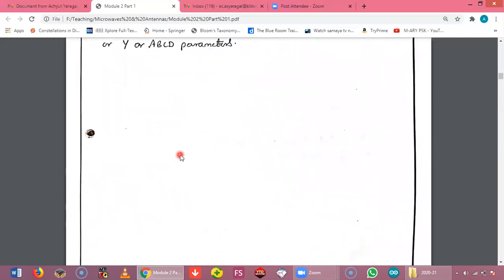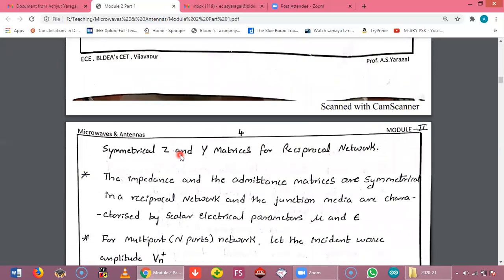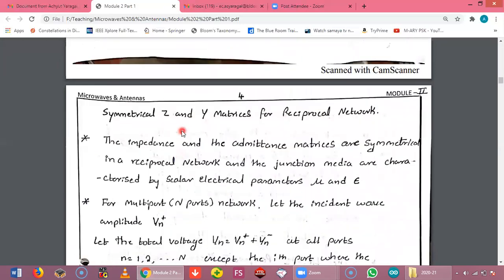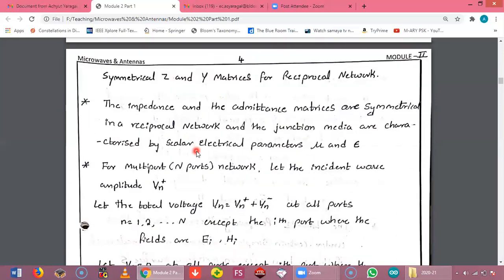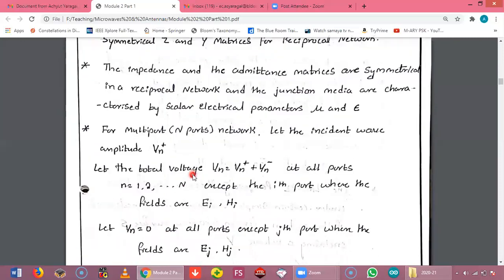Let us move on to the next topic, symmetrical Z and Y parameters. What we want to prove in this topic is that the Z and Y matrices are symmetrical for a reciprocal network.